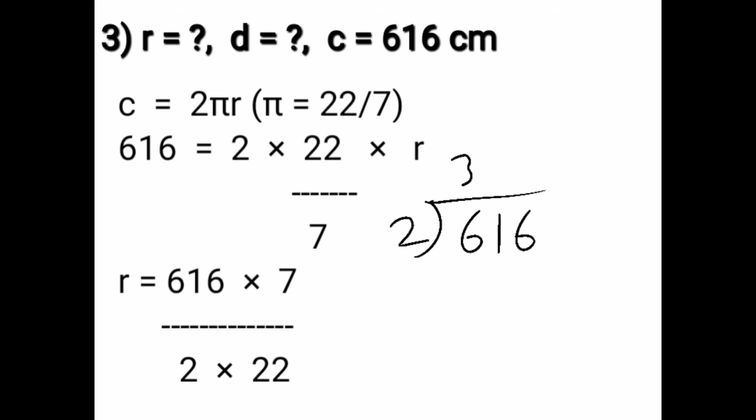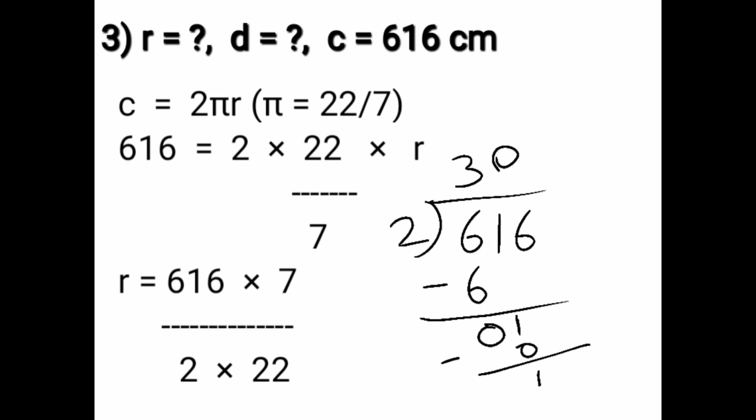2 3s are 6. One digit you have to bring it down. 1 is smaller than 2. Okay, 2 zeros are 0. Then 6 you have to bring it down. You have to bring one digit down when you divide. 2 8s are 16.